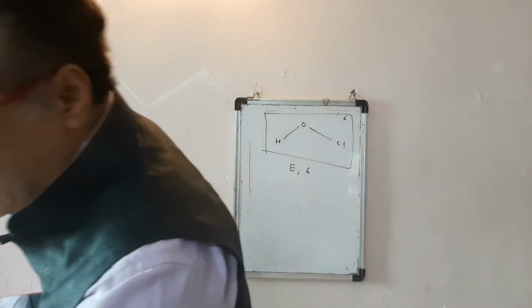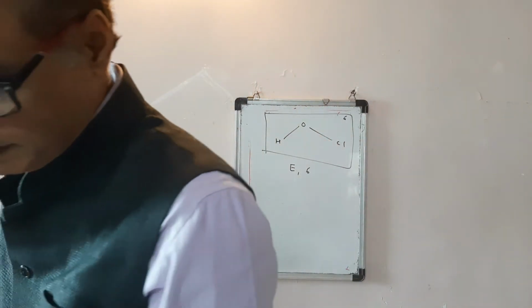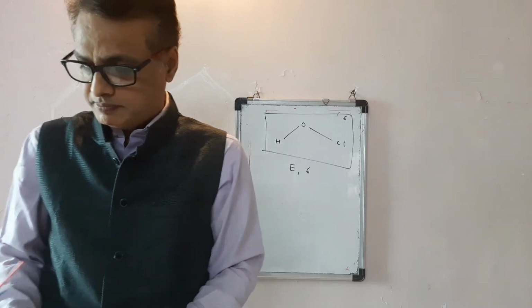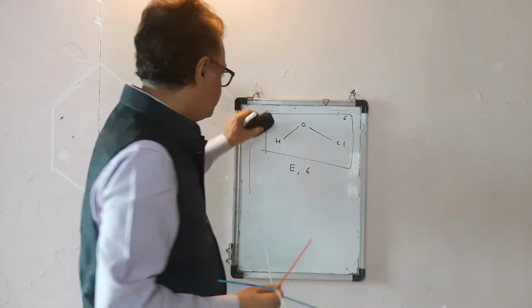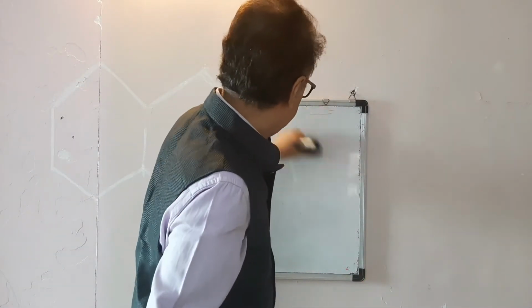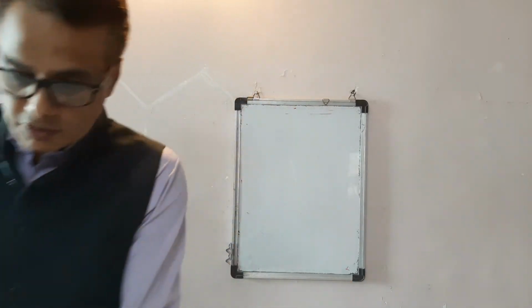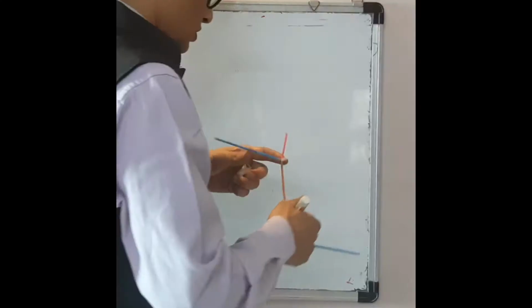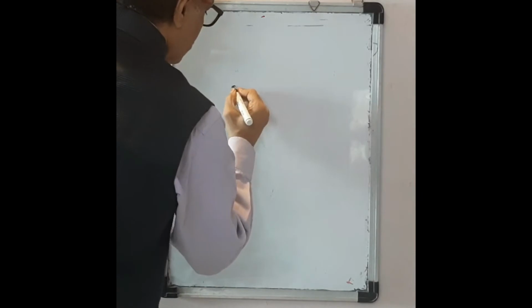Now let us find out the symmetry elements possessed by 1,2-dichloro-dibromoethane. This is the structure of 1,2-dichloro-dibromoethane.